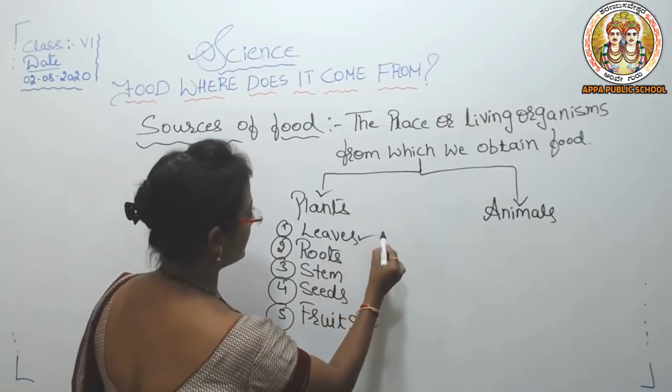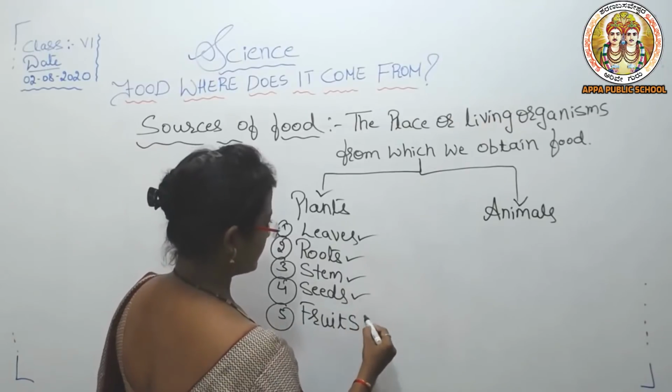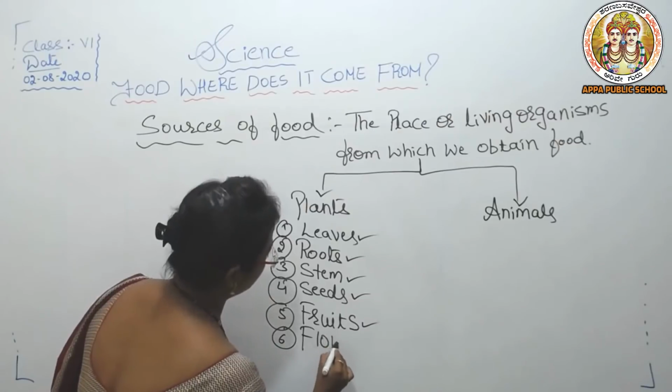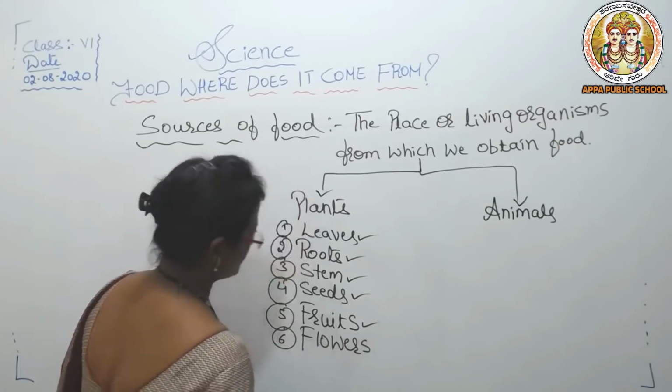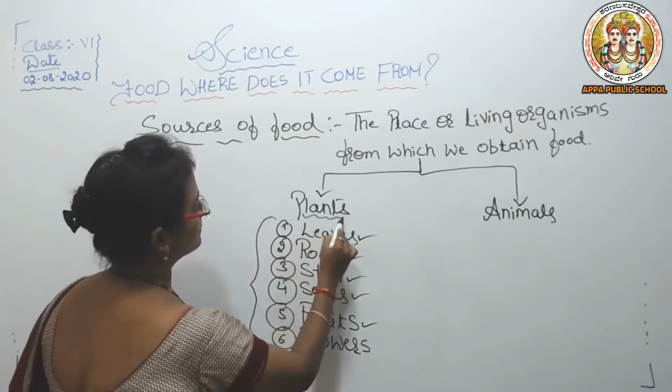So we get here leaves, roots, stem, seeds, fruits, and one more is flowers. Okay, we get these from plants.